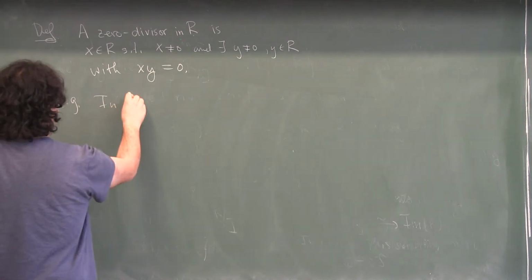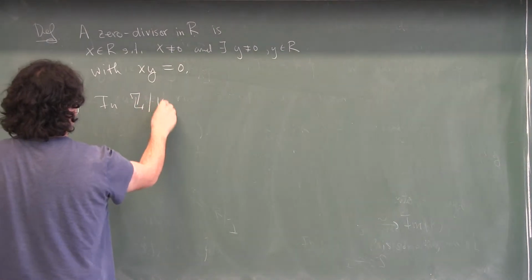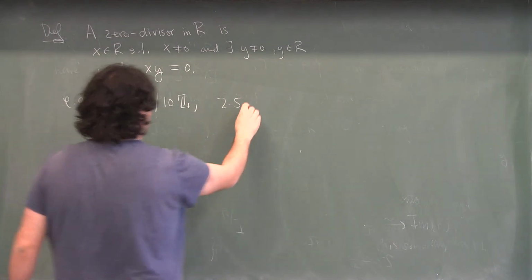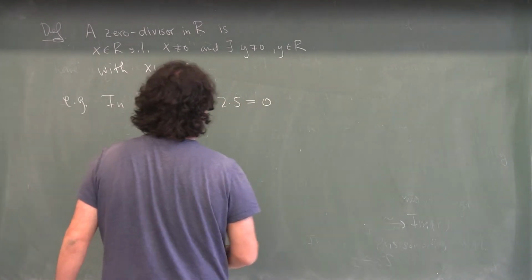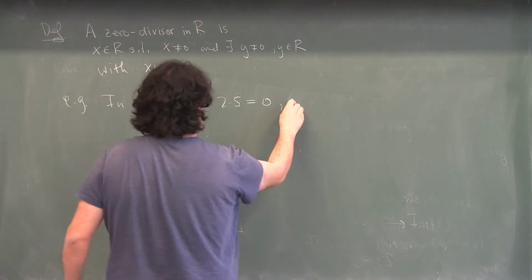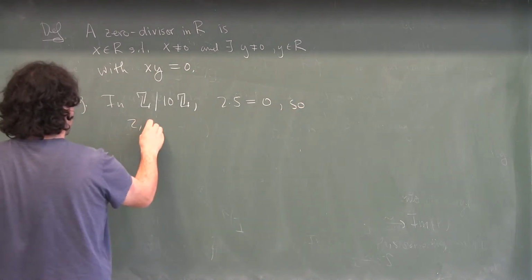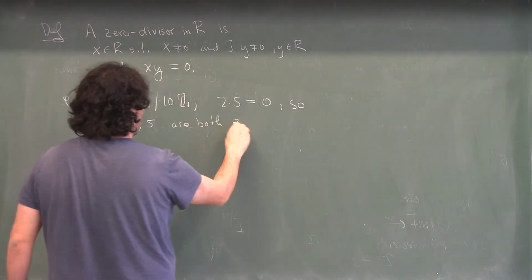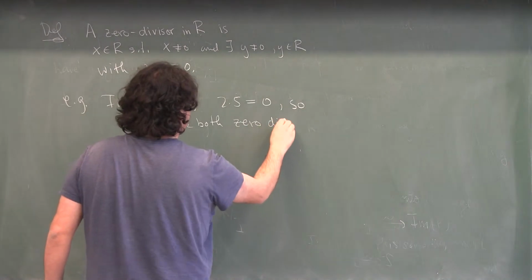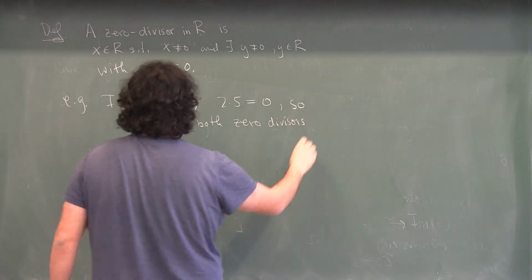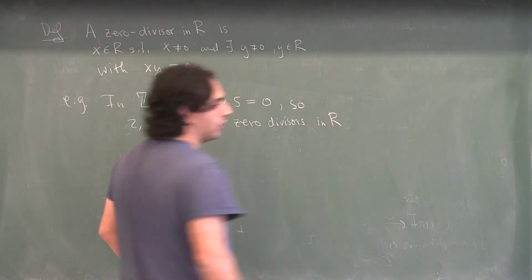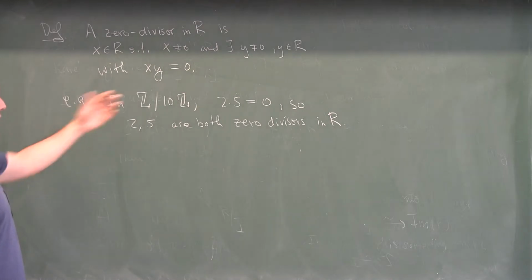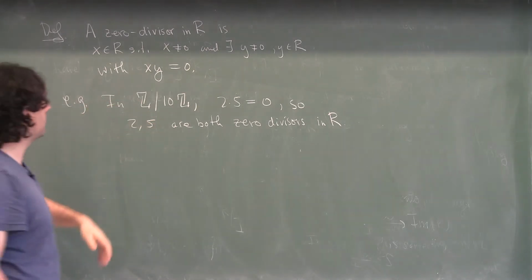So in Z mod 10Z, 2 times 5 is equal to 0. So 2 and 5 are both zero divisors in R.